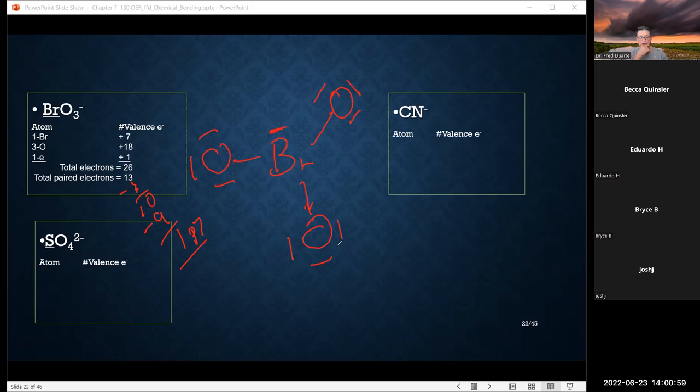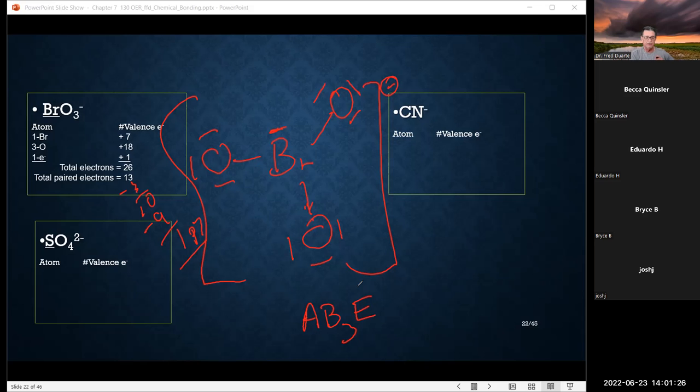And so now double check my 13 pair. Everything's there, 13 pair. The octet is around everybody, so everybody's good to go. I just simply put a bracket around the whole thing and my charge on top. And there it is. And now my general formula, if I need it, would be AB3. There's a lone pair on the bromine, so that would be my general formula.